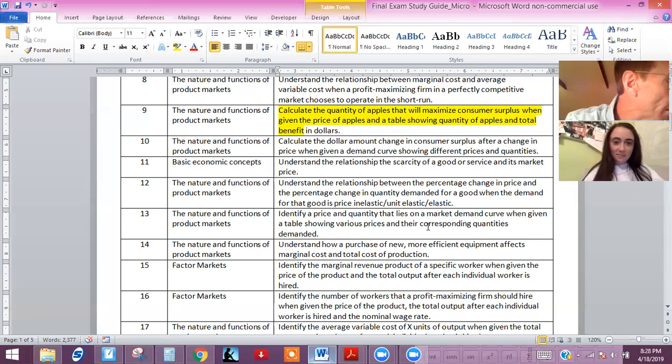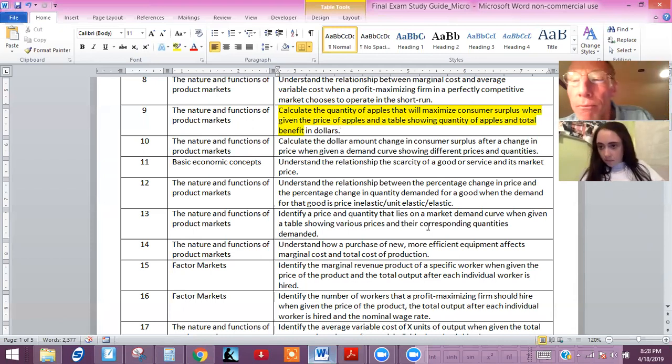Give me 1 second. I'm going to reread the previous one. Oh, this is so easy.